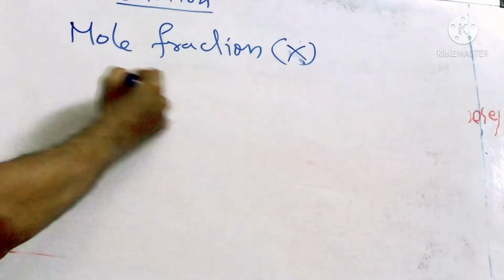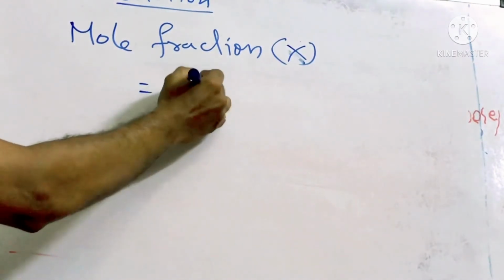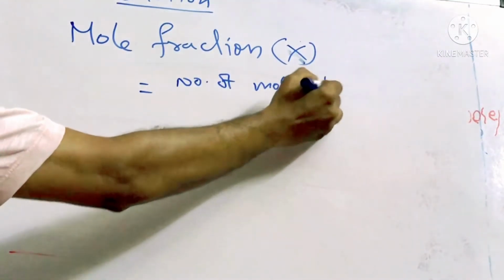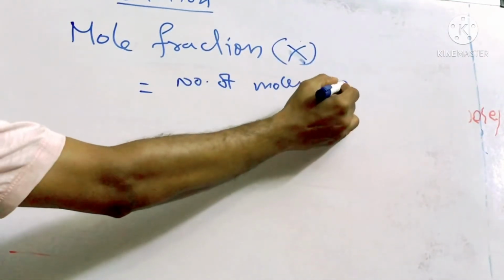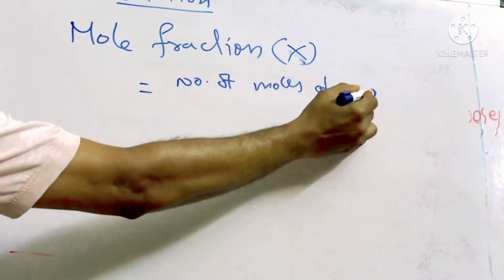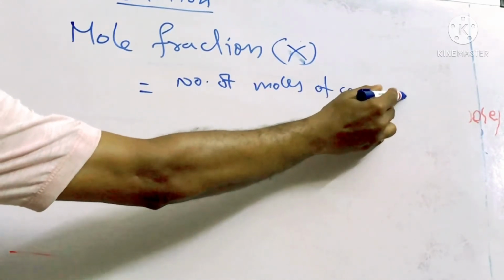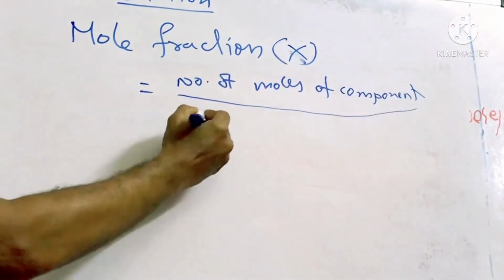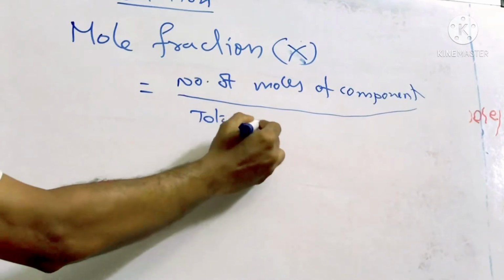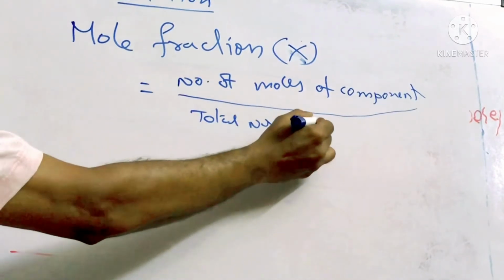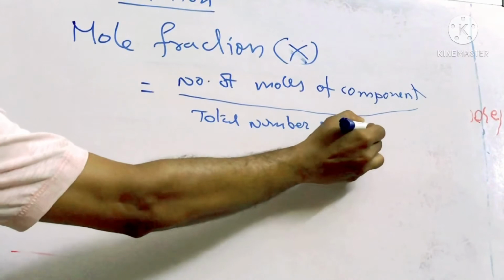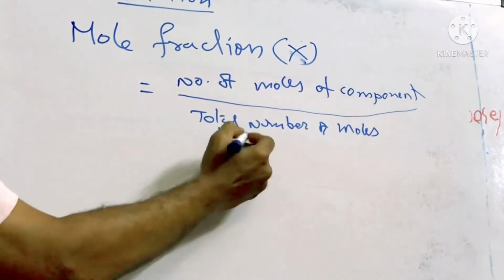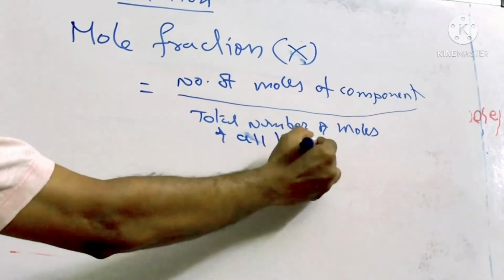Clear? So now take the number of moles of one component, whatever component it is: number of moles of the particular component divided by total number of moles of the solution, that is, of all the components.